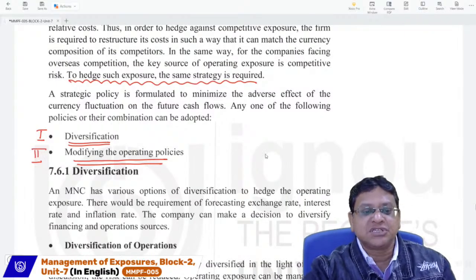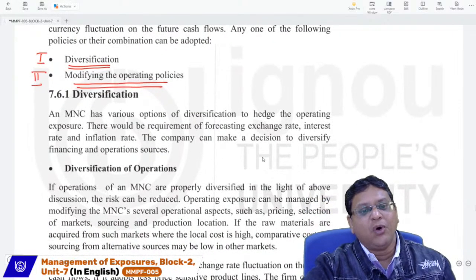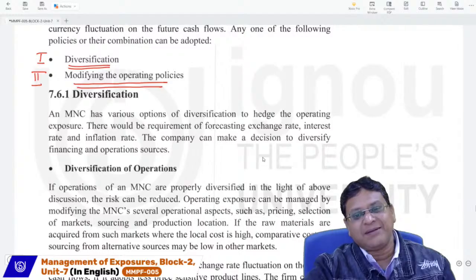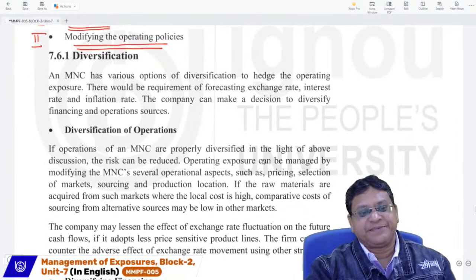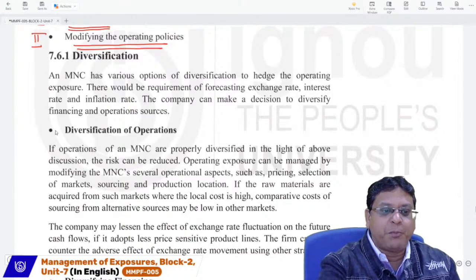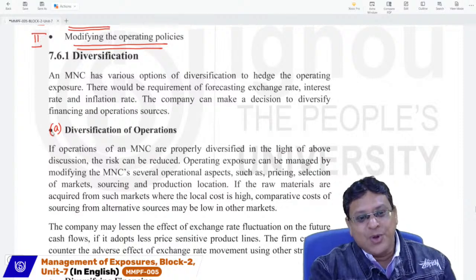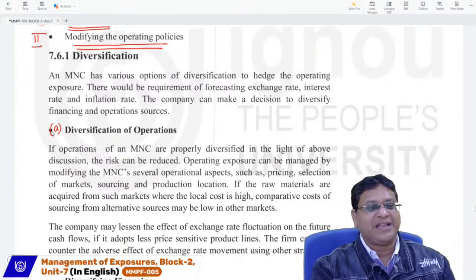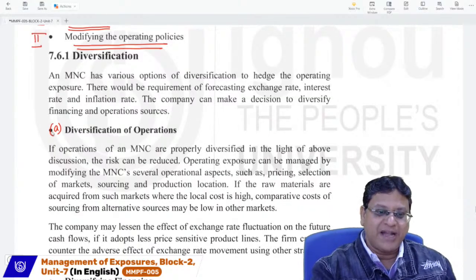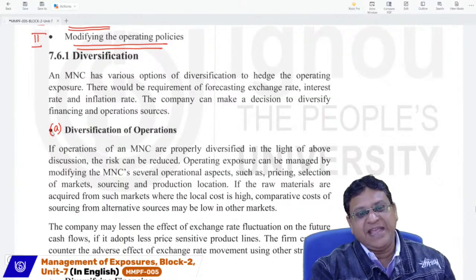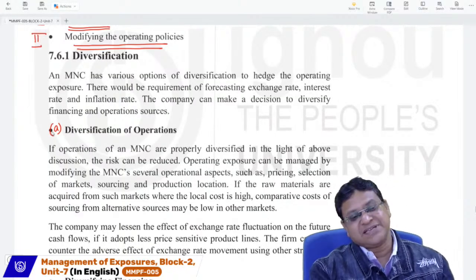First, diversification. Diversification means do not put all your eggs in one basket. Diversification may be of two types. Diversification of operation: you do not operate in one country. If an MNC operates only in one country, then any exchange rate fluctuation will impact it seriously.